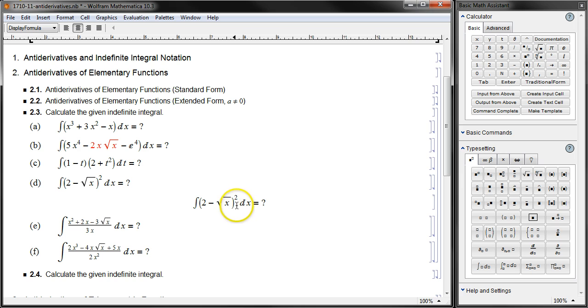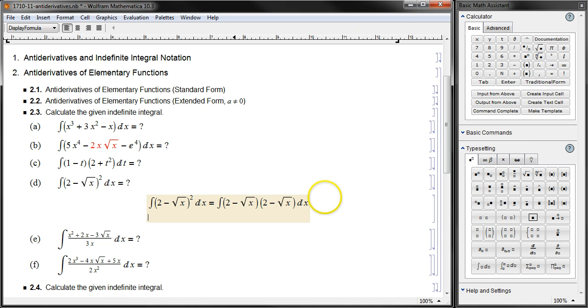How do you do this? We have the second power, but you can rewrite this thing as 2 minus square root of x like this, and then FOIL it over just like we did in the previous problem.